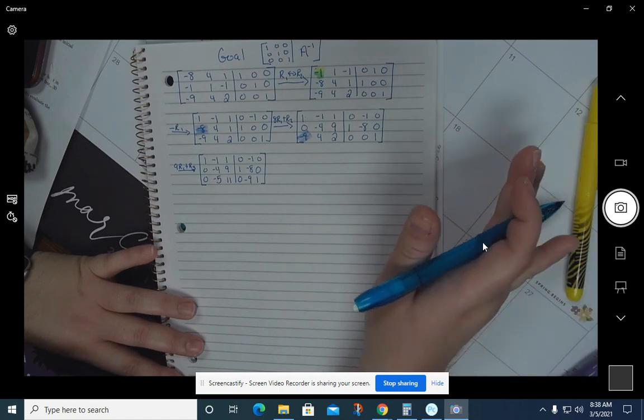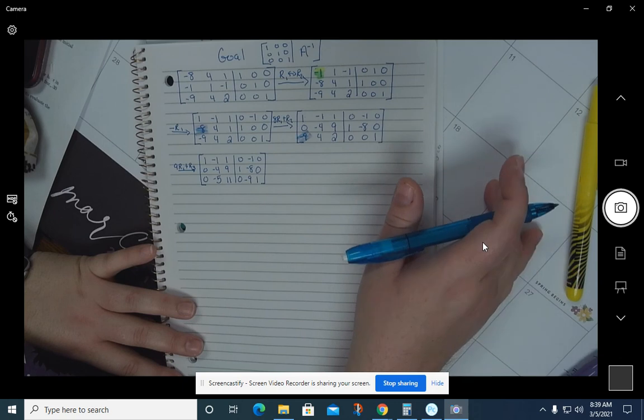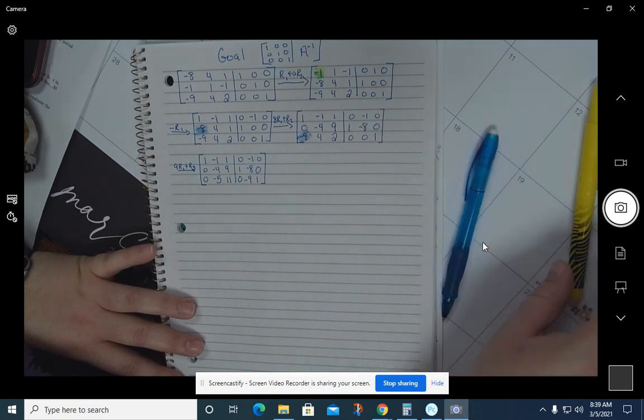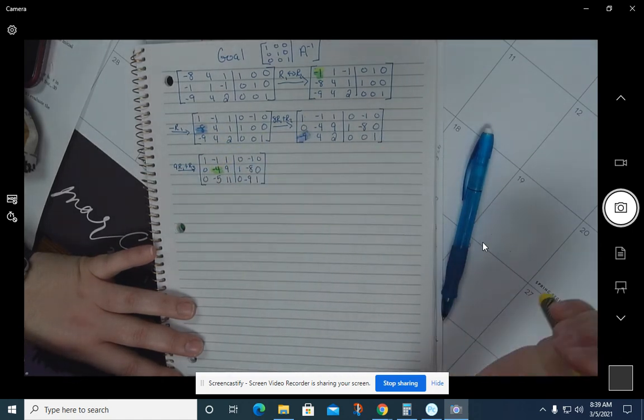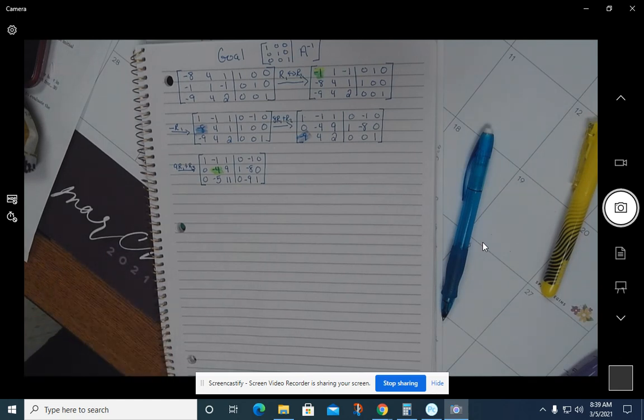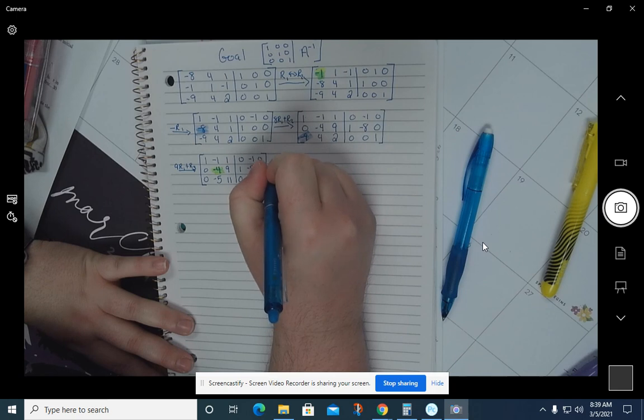Now that my first column is correct, I've got 1, 0, 0. I'm going to turn element 2,2 into a 1. Right now, element 2,2 is a negative 4, so I'm going to get rid of that by dividing by negative 4. I'm going to take negative 1/4 of row 2.